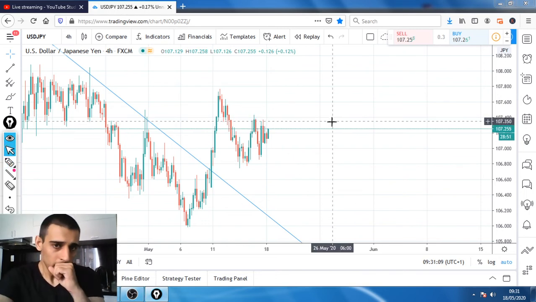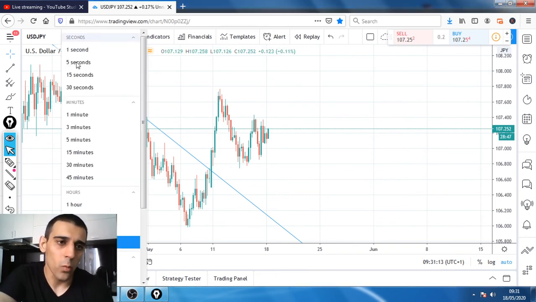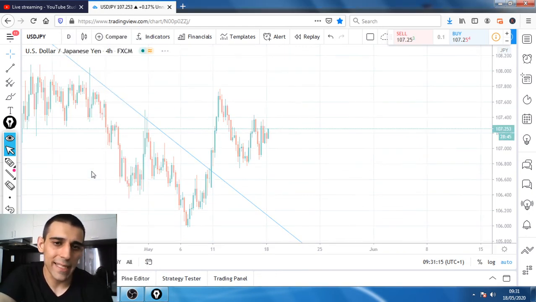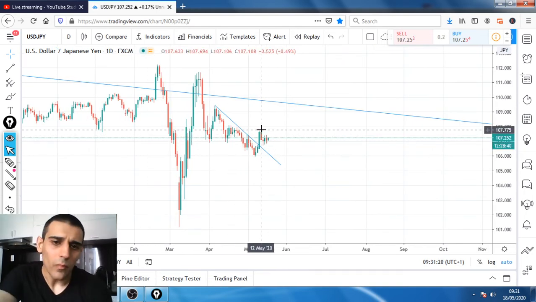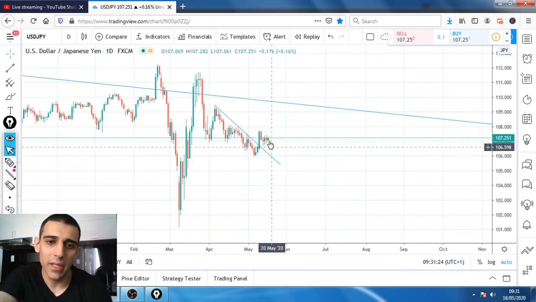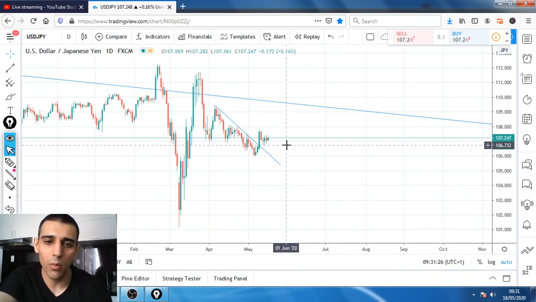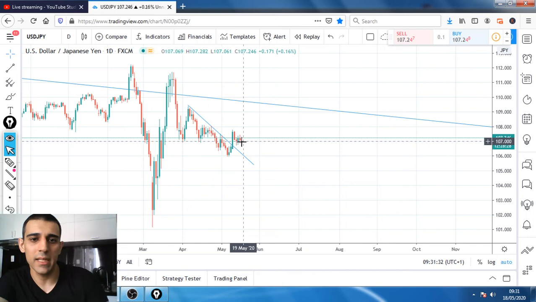My bigger view was towards the long side, but now my view is starting to shift, potentially maybe even to the short side. But for now, I want to wait and see what the price is going to do, because it can go in either direction.